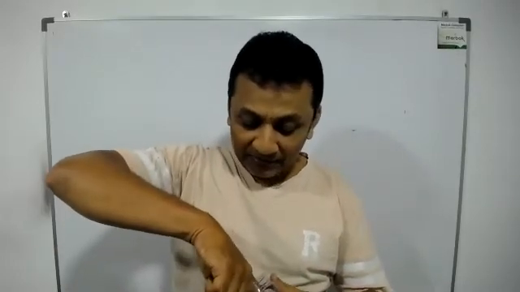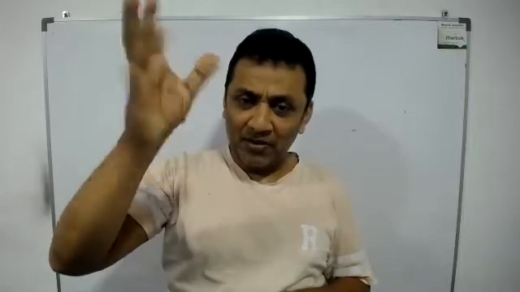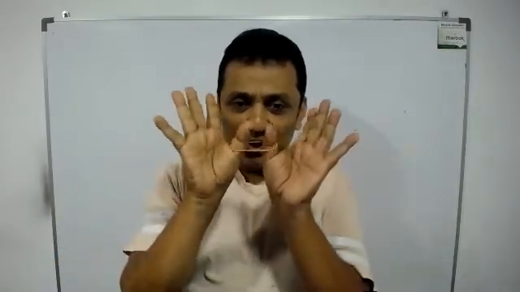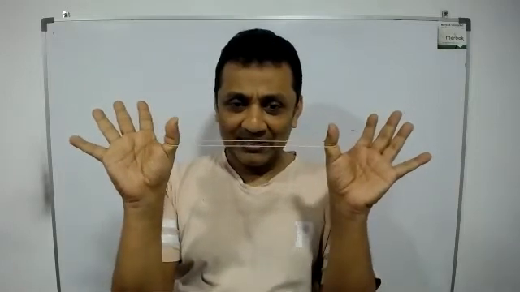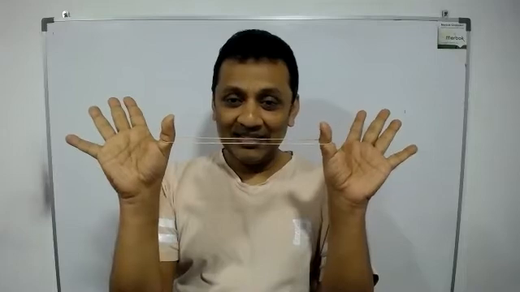So it is potential energy. Similarly, if you take a rubber band, now at the moment rubber band doesn't have any energy. If you stretch this, now it has energy.